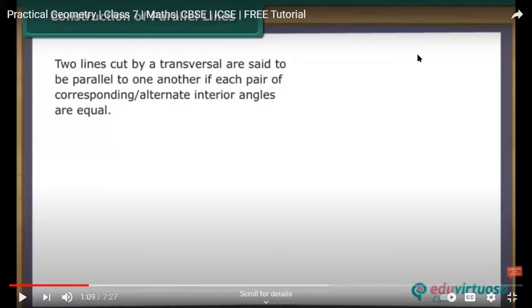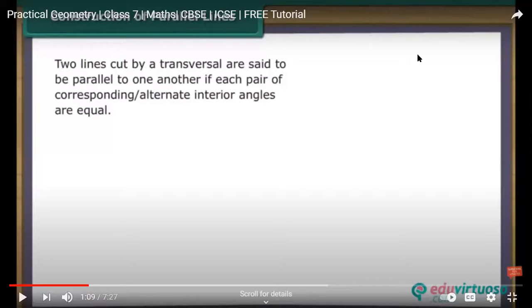Yes, this was taught by me that if you have 2 parallel lines, their corresponding angles and their alternate angles are always equal. Or I told you that vice versa is also correct: if there are 2 lines and the corresponding angles and alternate angles between them are equal, then those lines will become parallel.